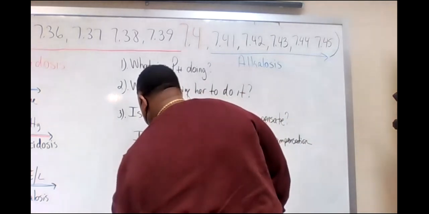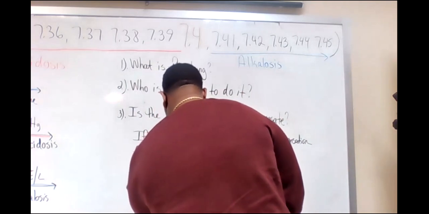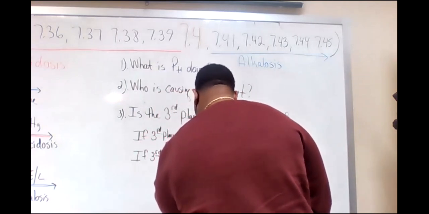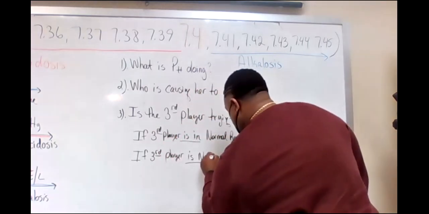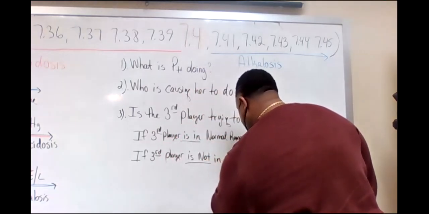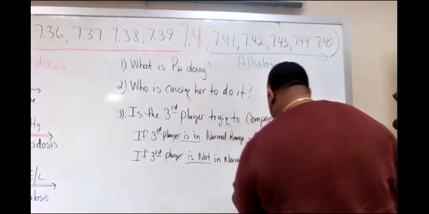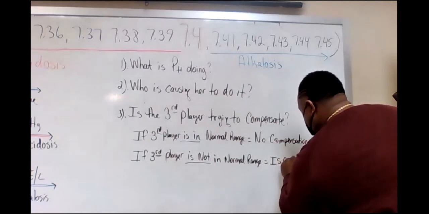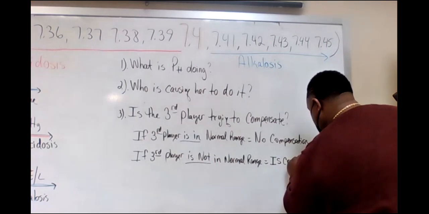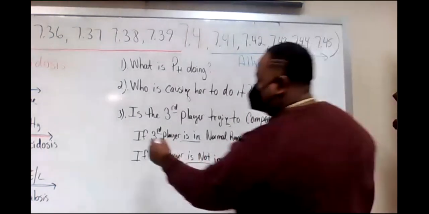If the third player is not in normal range, there is compensation. So this goes with this.